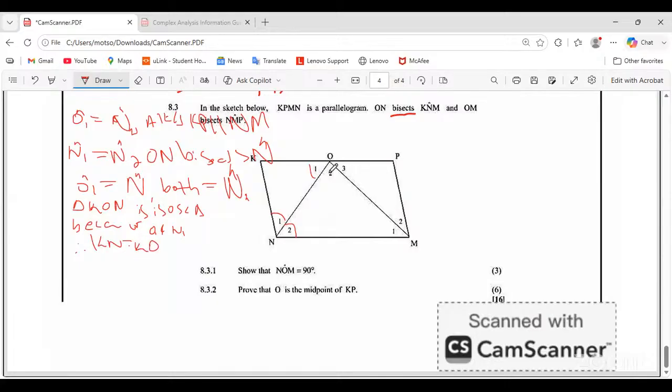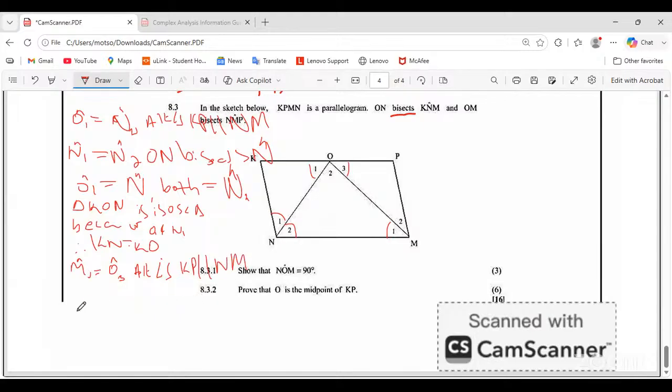So now, also on this side, you're going to do the same thing. This angle is equal to that angle. M1 is equal to O3, right? Why? Alternate angles. Why? Because KP is parallel to NM.